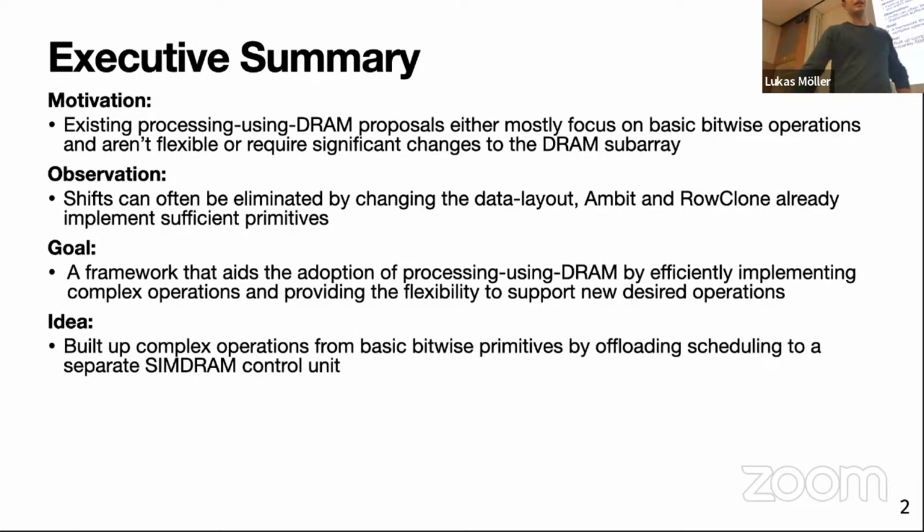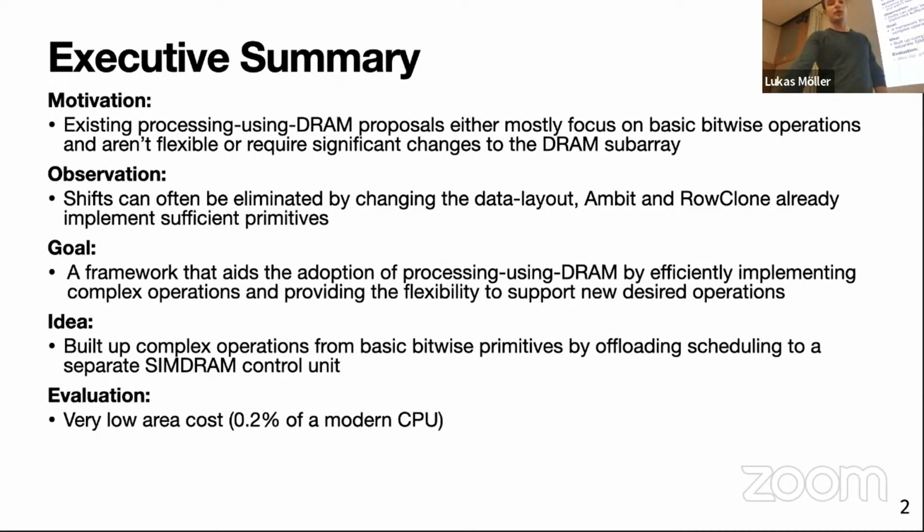Their main idea is to build up complex operations from those basic primitives used by AMBIT and RowClone, and offloading some of the scheduling work to a separate SIMDRAM control unit, which lives inside the CPU.